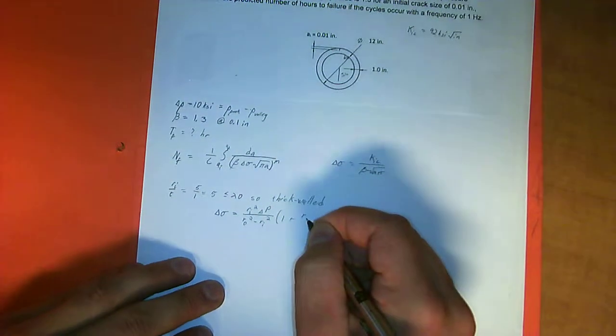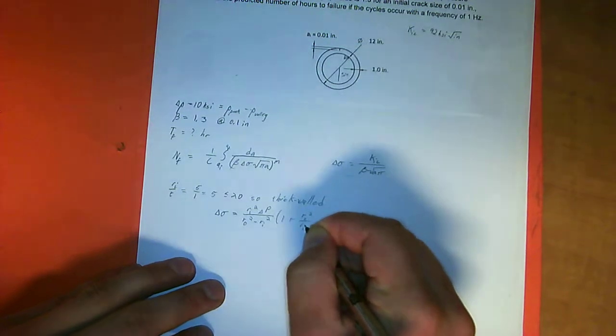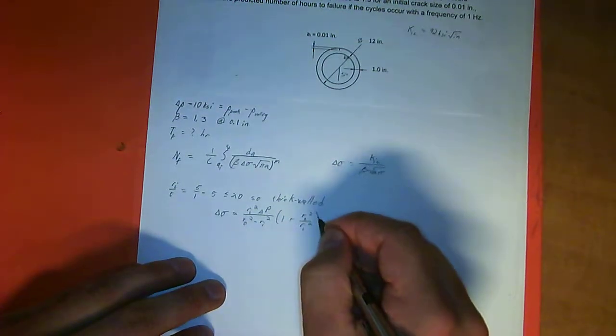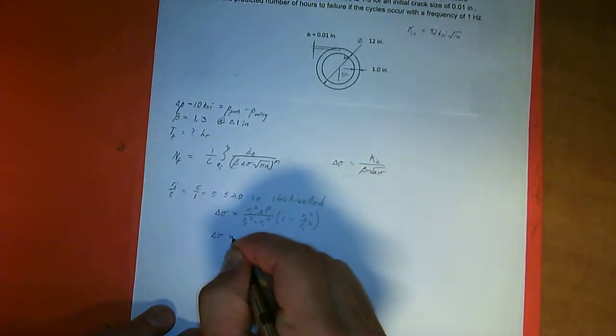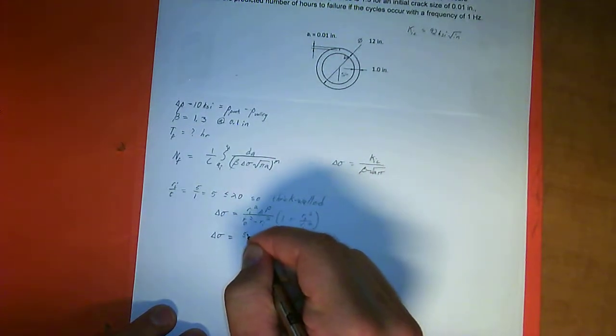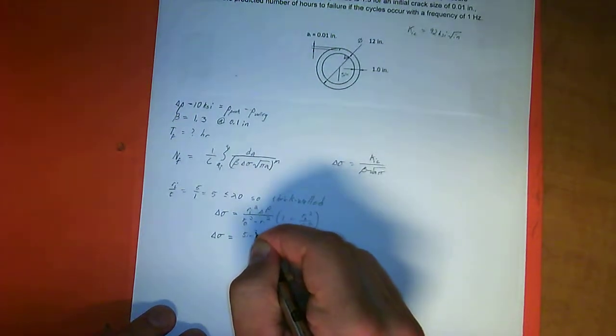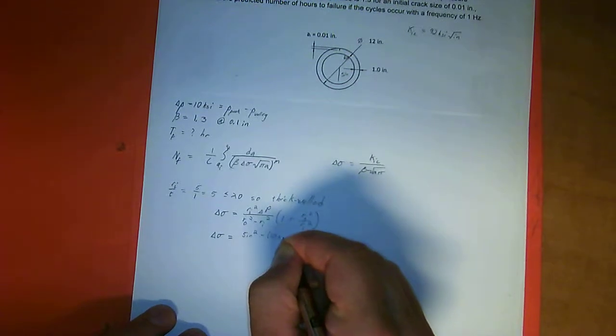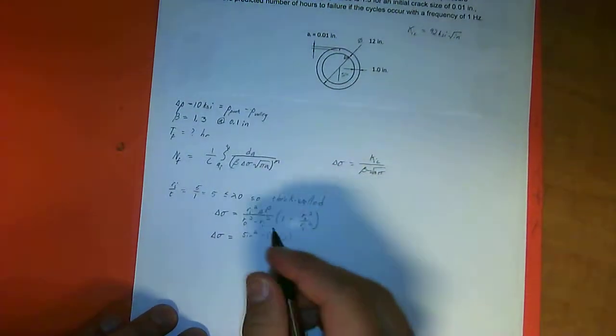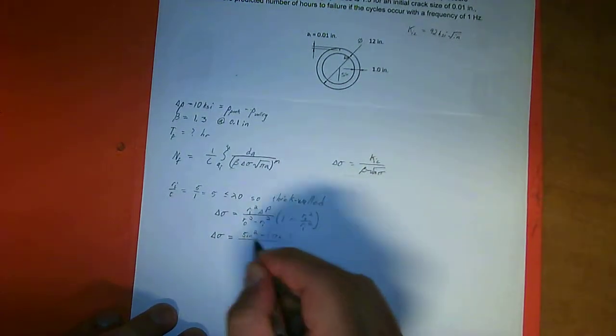Then delta sigma is equal to 5 inches squared times 10 KSI, which is delta P, all over, going ahead and subbing in, 36 minus 25. The algebra is kind of scattered here, but you can figure it out. You're supposed to work it yourself anyway.